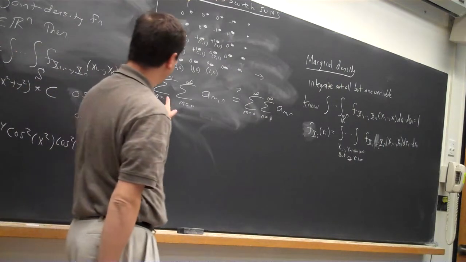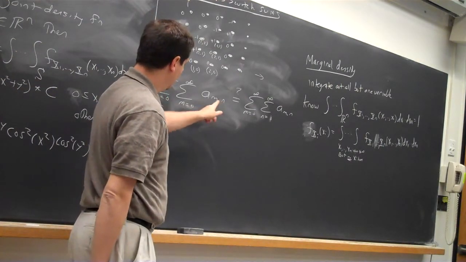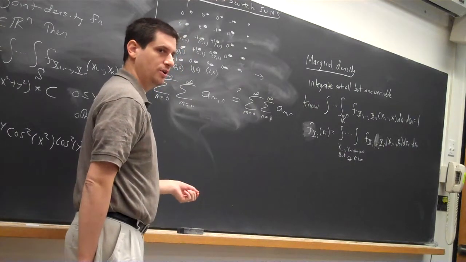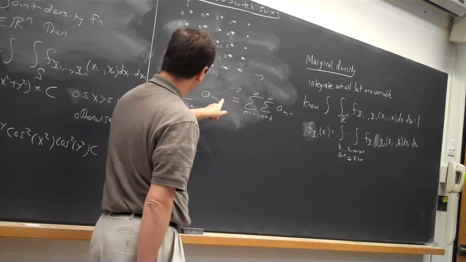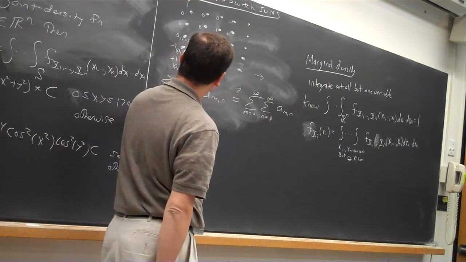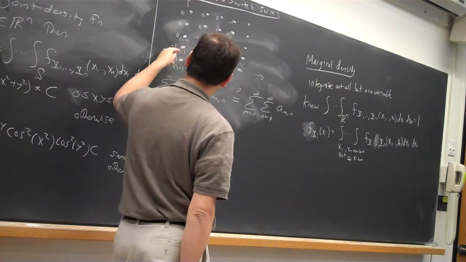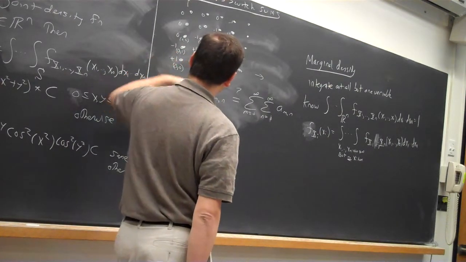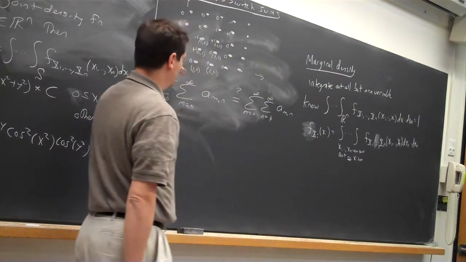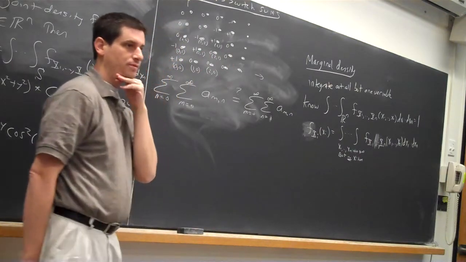Let's do this one first. What I'm doing is fixing n and letting m vary. So if I fix n, I am always at a certain height. What can you tell me about the sum of a_{m,n} as I go through a row?